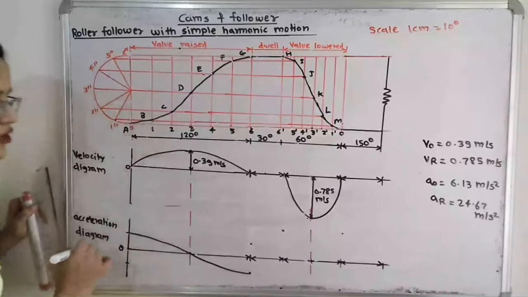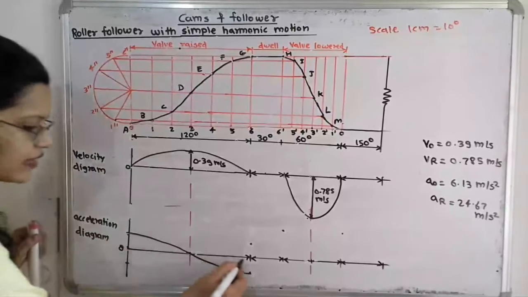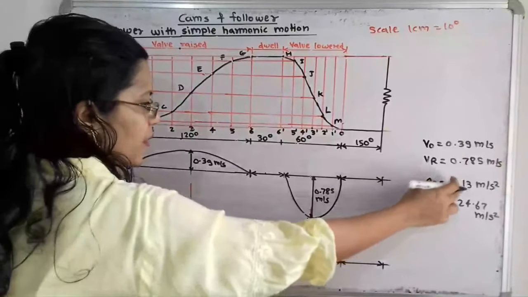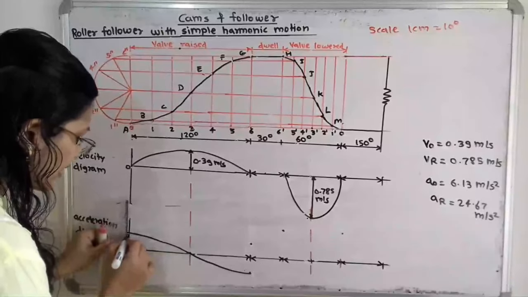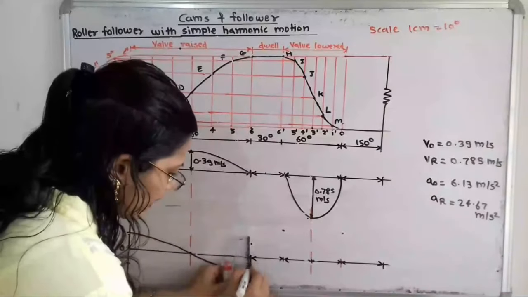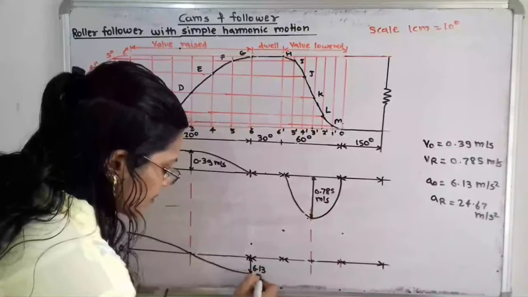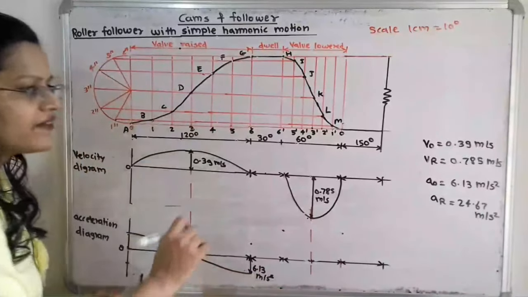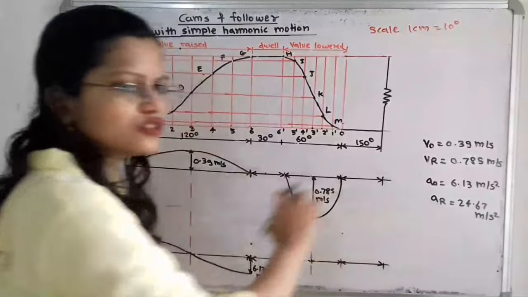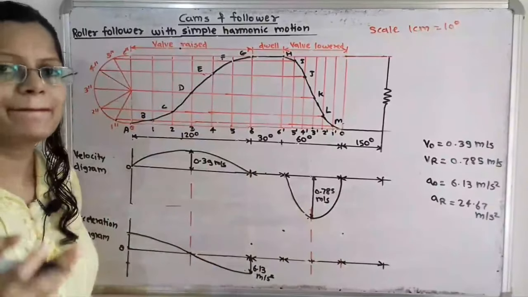This is the formation of the cosine curve. These two values indicate 6.13, so we can show here that these two values are 6.13 meter per second square.